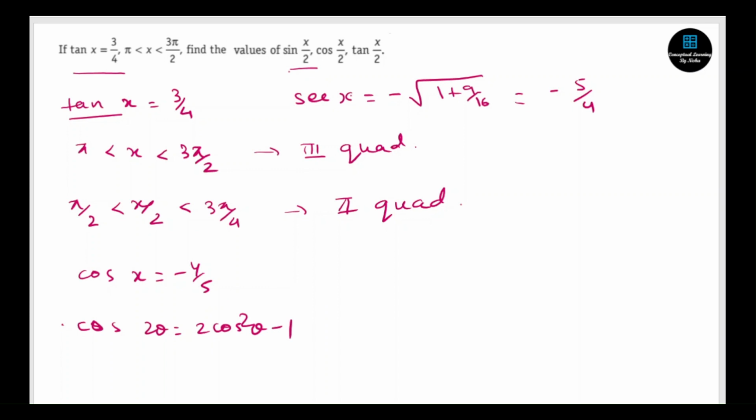Now what I can say, to find the cos theta value, cos theta is equal to the square root of 1/2 of (1 plus cos 2 theta). First of all, let me just write this, and now I can use this.